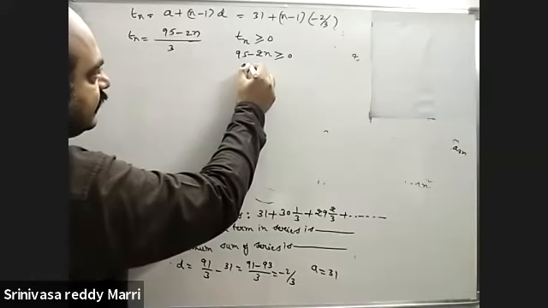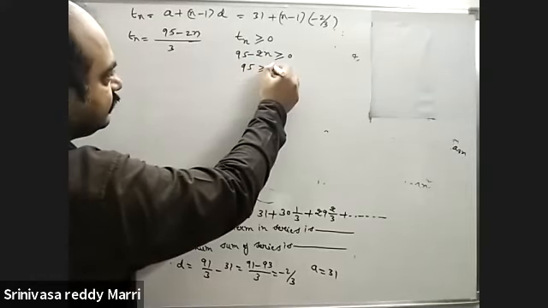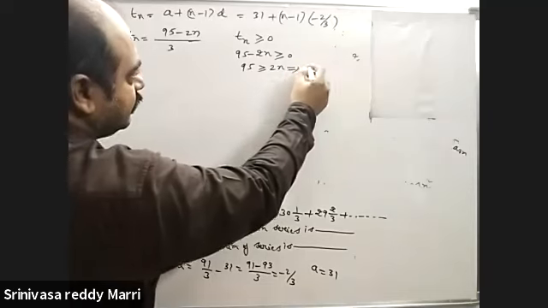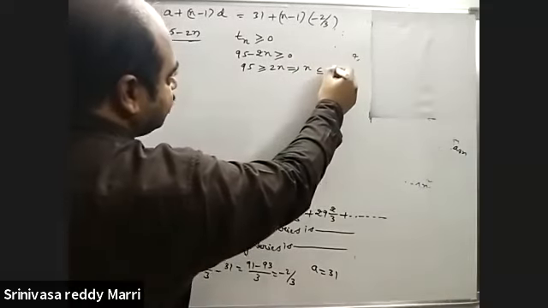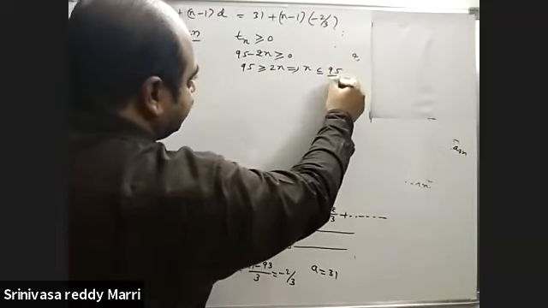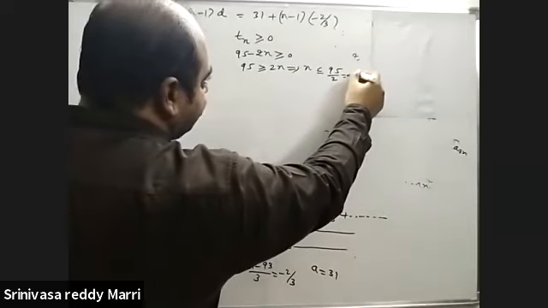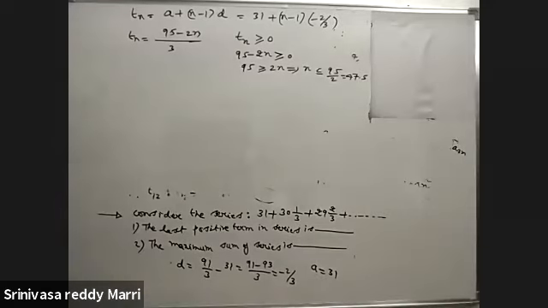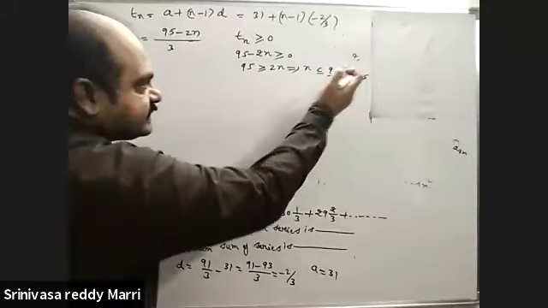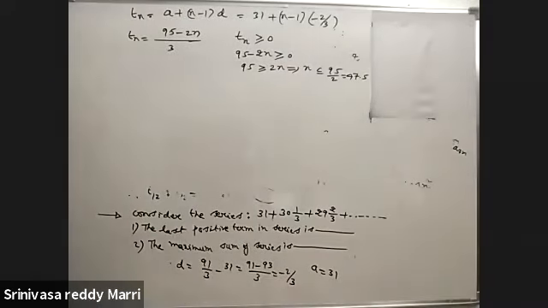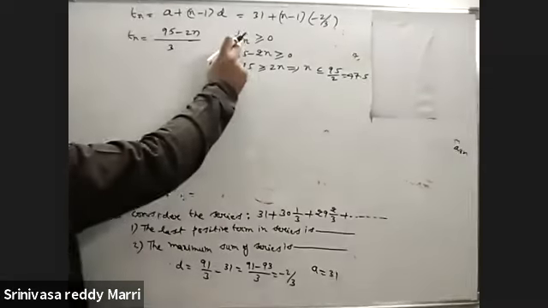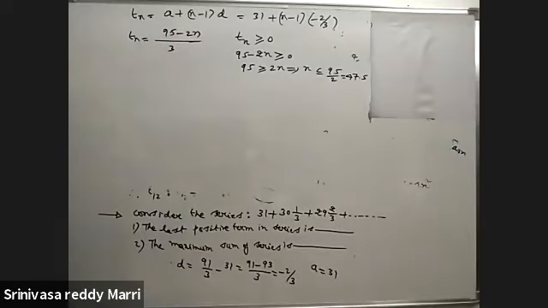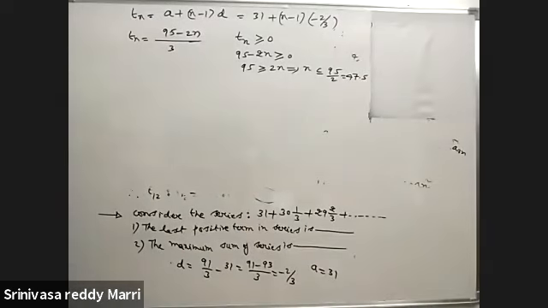That means 95 greater than or equal to 2n, that means n less than or equal to 95 by 2. 95 by 2 means 47.5. That means if n is less than or equal to 47.5, Tn will be greater than or equal to 0. There won't be any 47.5 term.